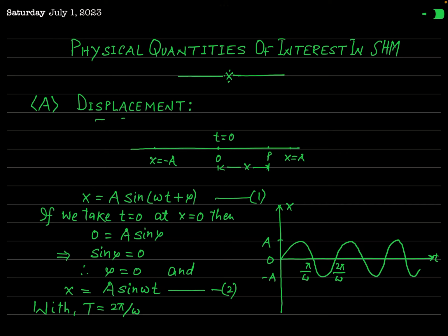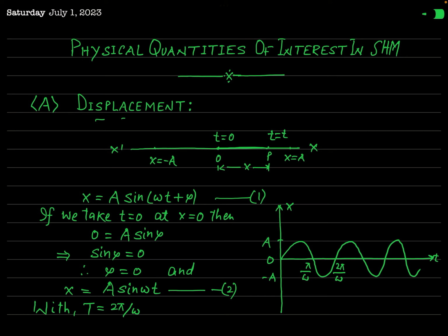If we consider a particle of mass m oscillating simple harmonically on this straight line, let us say x prime x, about the equilibrium position O, then at any time t, the particle is, let us consider, at point P, which is at a distance x from the equilibrium position. This x is actually called the displacement of the particle at time t.